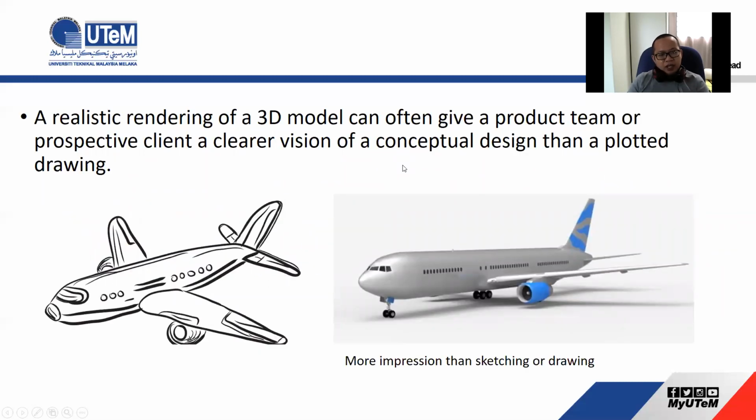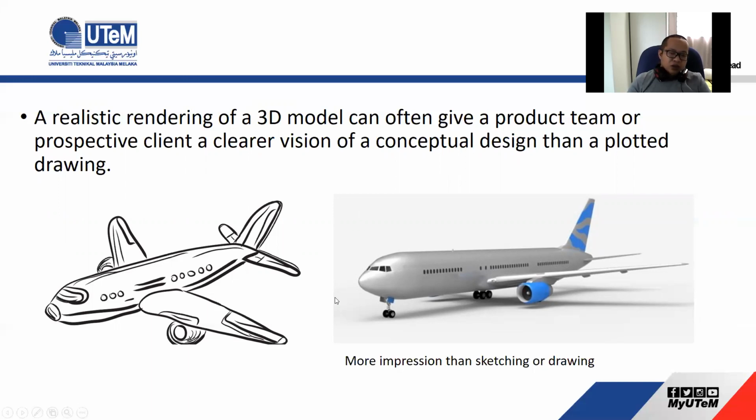When you see a realistic rendering of a 3D model, it can often give a product team or prospective client a clearer vision of the conceptual design than a plot drawing. This is only an explanation, right?